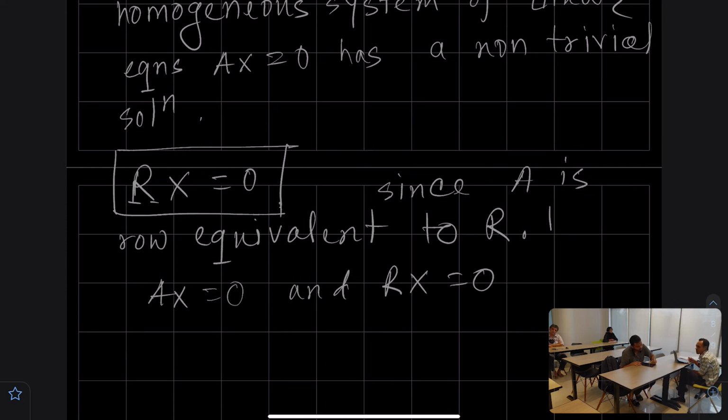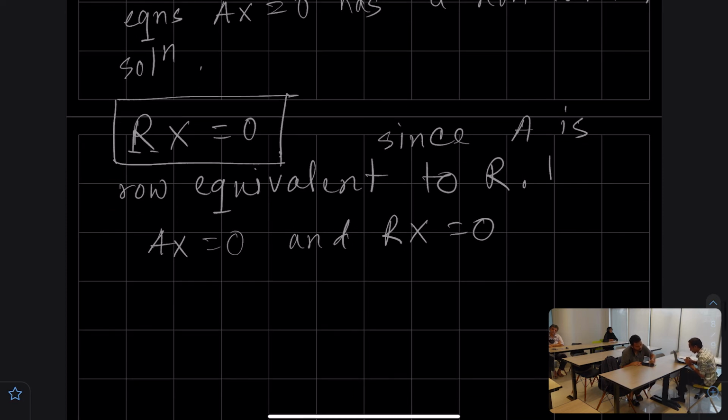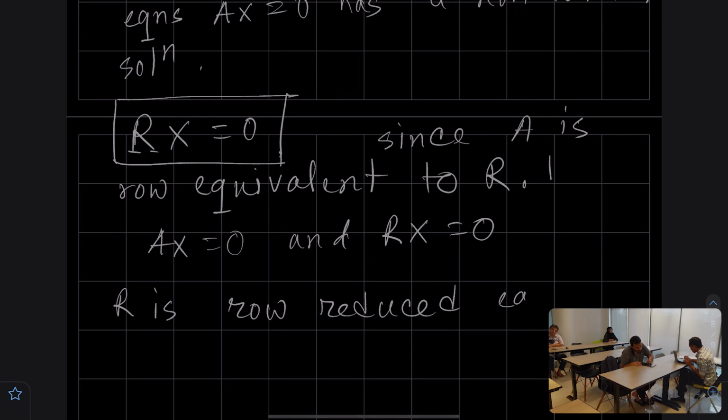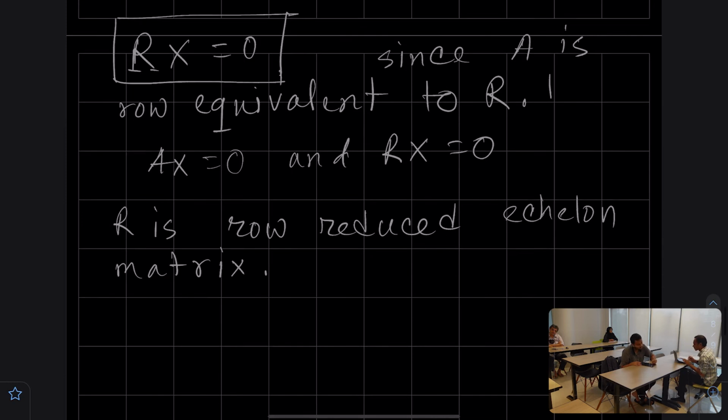But R is what? R is a row reduced echelon matrix, right?